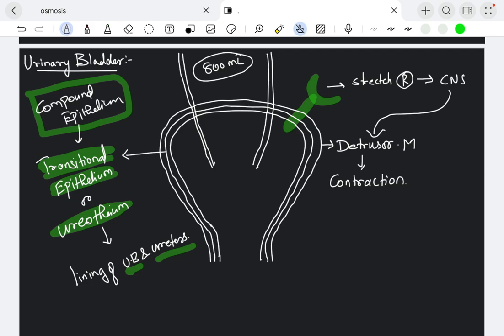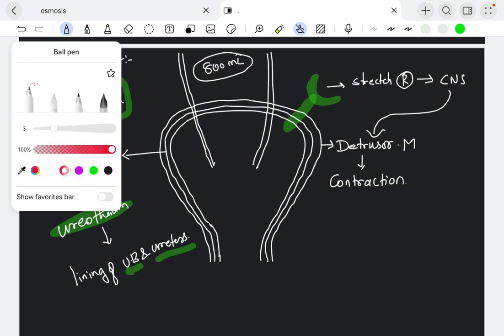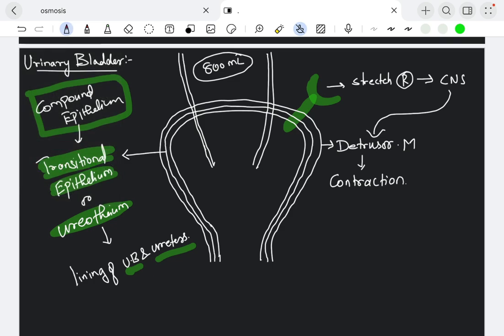And you will be having two sphincters on the urethra. One will be the internal sphincter and the other one is the external sphincter.